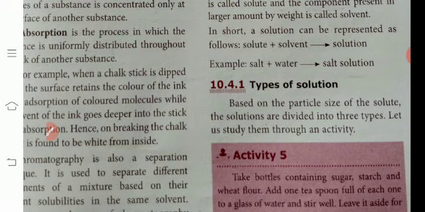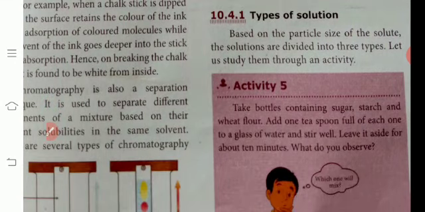Here we have one activity. Take bottles containing sugar, starch and wheat flour.